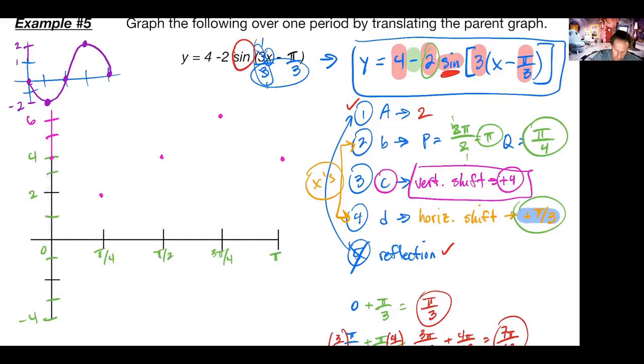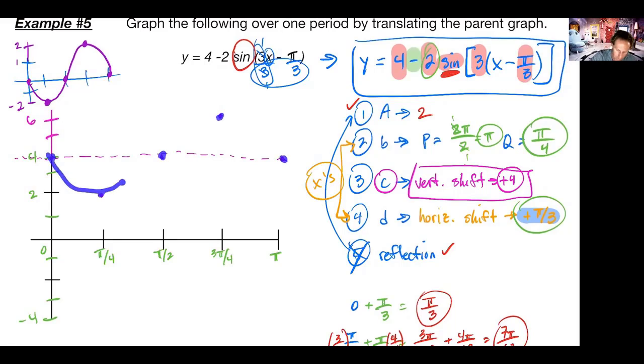So what I like to do is actually draw this in lightly, so you can kind of see it just like you always would have for your 0, 1, 0, negative 1, 0, which remember we had to stretch a distance of 2 from that for our amplitude, and then we had to do the reflections. So we moved from 0, negative 2, 0, 2, 0.